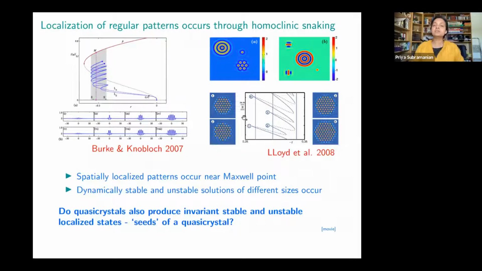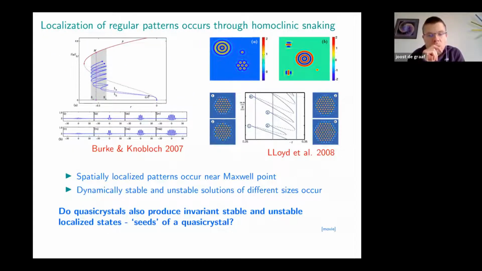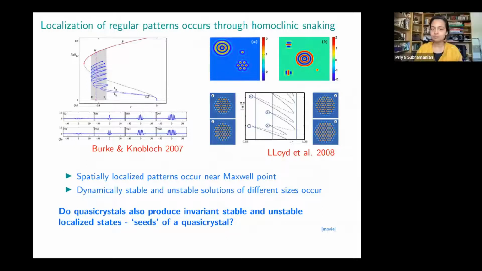So that's where we come back to localization, because from the early 2000s, there's been lots of interest in the pattern formation community to understand what is known as homoclinic connections between two coexisting patterns. For example, in a one-dimensional simple pattern forming model, we would have the flat state being stable at the same parameters as an extended periodic state.